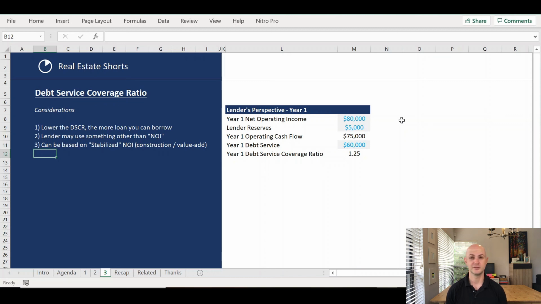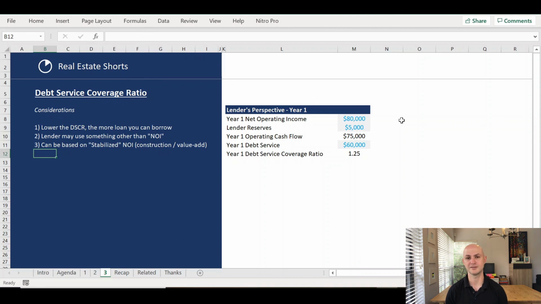Let's say the roof is in tough shape or one of the mechanical systems is in tough shape. They may want you to set aside some money so that every year you can build up, call it a savings account, a reserve account, to help meet that future expense. So in doing so, they're effectively reducing net operating income, and they may use that reduced lower income estimate to help calculate or at least satisfy the debt service coverage requirement.